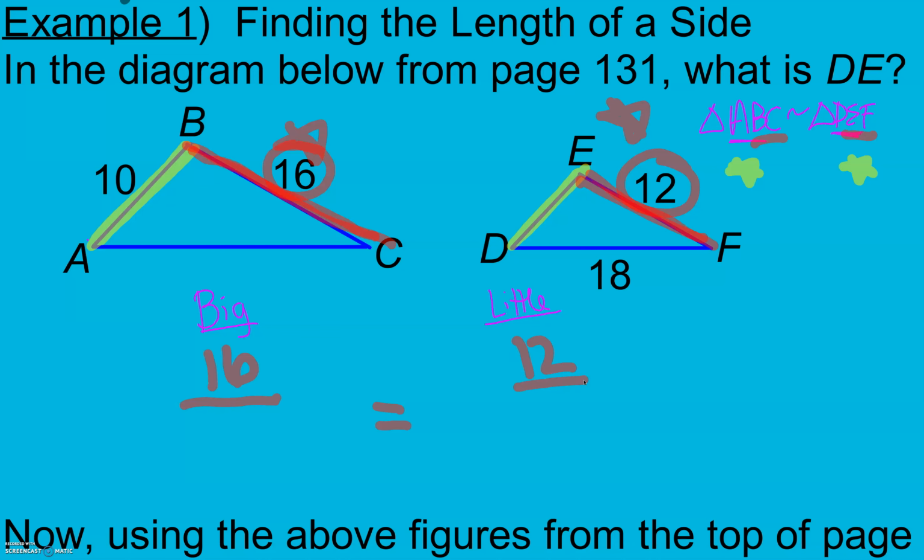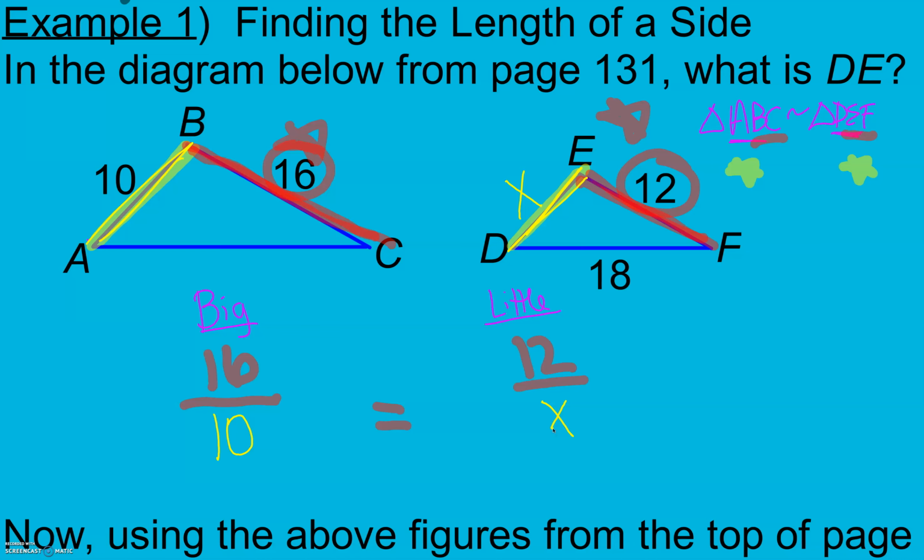So I'm putting the side I know in the numerator. The side that I don't know that I'm looking for, I'm going to put in my denominator. And it wouldn't have mattered which one we put on top and which one we put on bottom as long as we're consistent. So I have 10 here, and we don't know DE, so I'm going to put an X there. We also can compare just our side lengths.